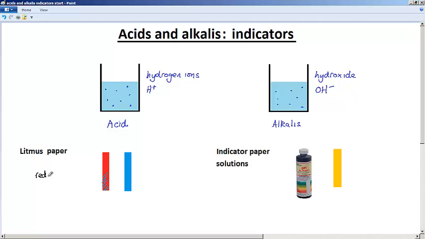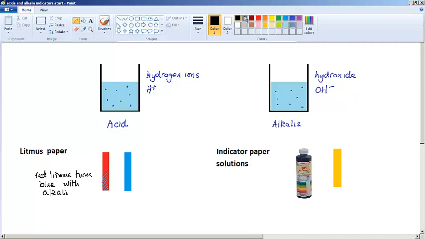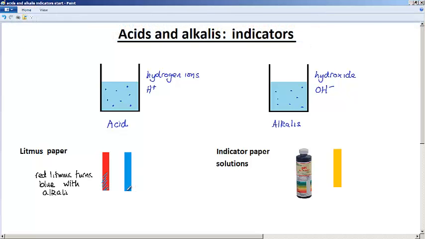Red litmus turns blue in an alkali solution, and the opposite happens with blue litmus paper, which will turn a pinky reddish colour when added to an acid. Okay, an acid solution.